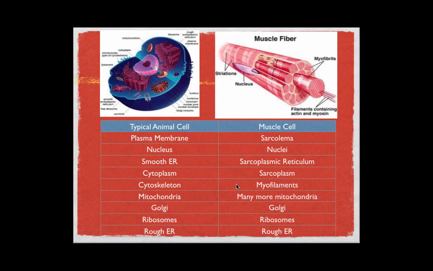In a muscle cell, we have protein fibers again, but they're going to be myofilaments here, and they're going to be arranged in bundles so that they can actually contract the cell. The rest is very similar. A muscle cell will have more mitochondria than a regular cell, and it will have a Golgi apparatus, ribosomes, rough endoplasmic reticulum, everything else that a typical animal cell needs.